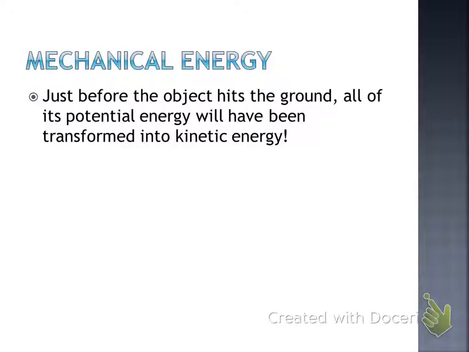Okay, so we have to understand it's still off the ground. It still has potential to fall and potential to do work. As it gets to the ground, or the instant before that object hits the ground, we've transferred to all kinetic. Okay, so it's a sliding scale as something falls through the air. A sliding scale from all potential to more kinetic, more kinetic, more kinetic, all kinetic. Does that make sense? Okay, so think about that sliding scale.